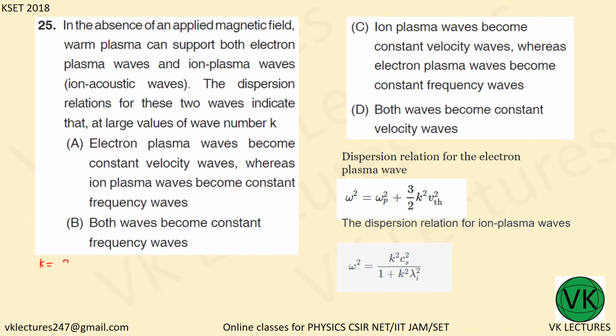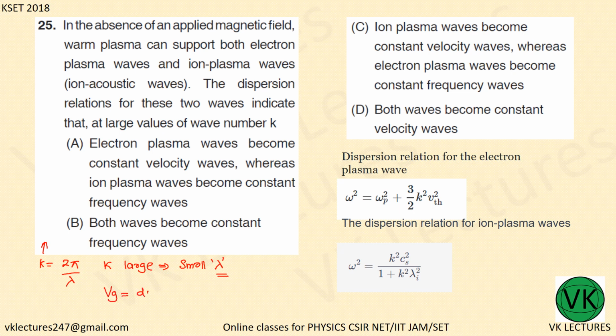k is equal to 2 pi by lambda. So when k is large, lambda becomes small, which implies a large frequency. At this frequency, how can we find the group velocity?